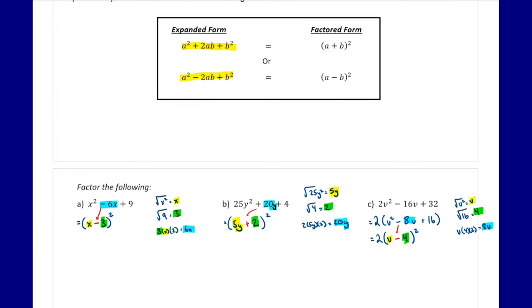So this is just a quick way to go through and factor, not that you necessarily need to use these steps. It's just a little bit quicker to make things a little bit faster. But like I said, if you want, you can always refer back to the simple and tricky trinomial methods of factoring.